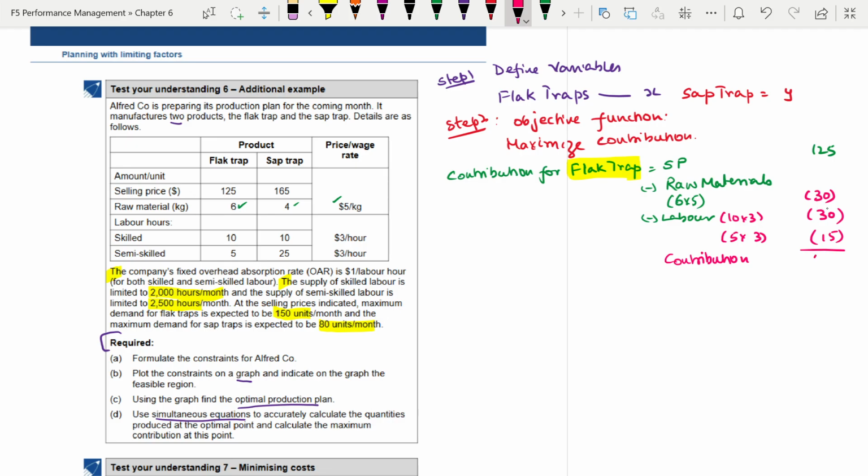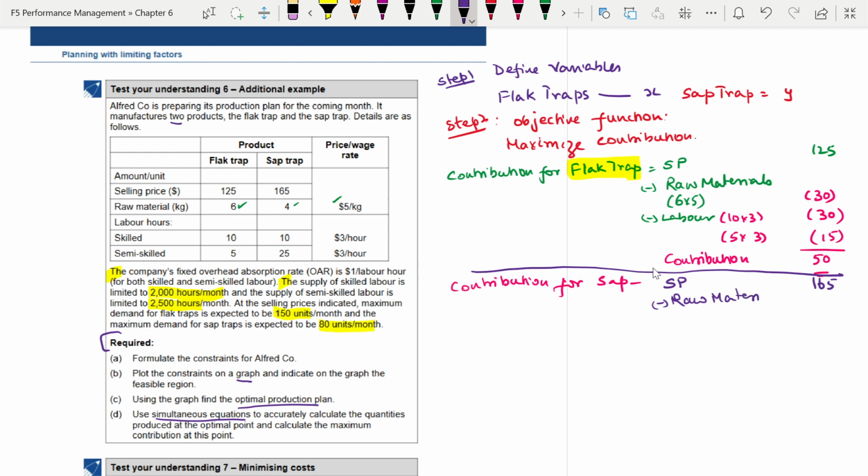50. Now, in the similar way, contribution for SAP. I will put one line here. How much is the contribution? Selling price is 165.